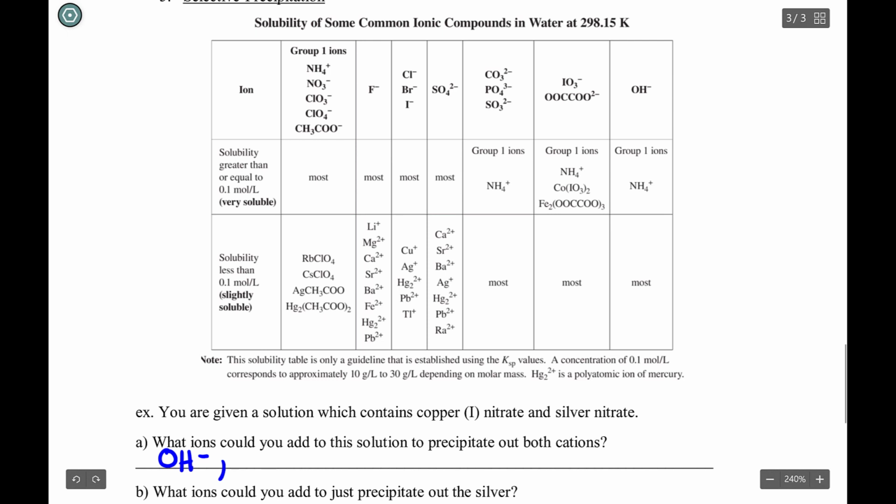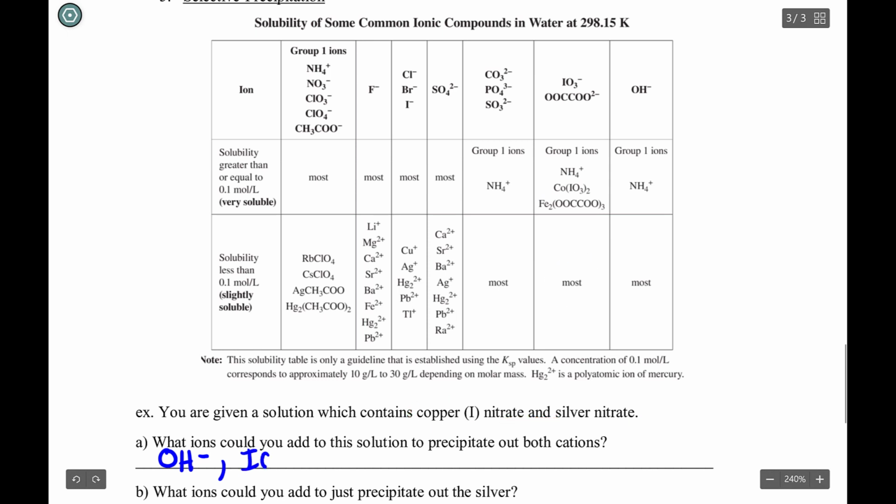Just moving across, iodate and oxalate ions are here. They are soluble with group 1 ions, which copper 1 and silver are not, and with NH4+, cobalt 2, and iron 3, of which we don't have. So that means that they would fall underneath most as well.